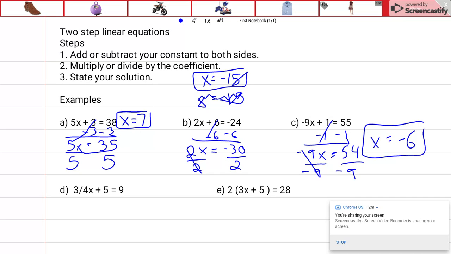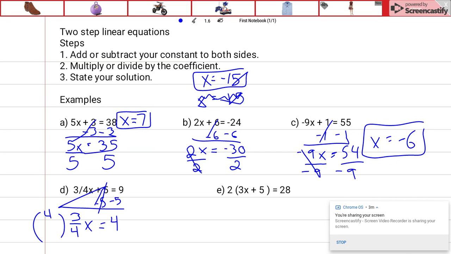Let's look at problem D. Here I have 3/4 x plus 5 equals 9. I'm going to subtract 5 from both sides. Do not be afraid because it's a fraction. 3/4 x equals 4, since 9 minus 5 is 4. If we remember from our last video where we had a coefficient that was a fraction, we multiplied by the reciprocal.